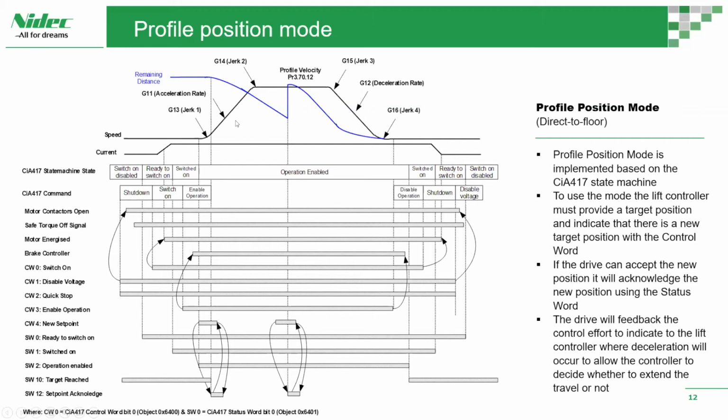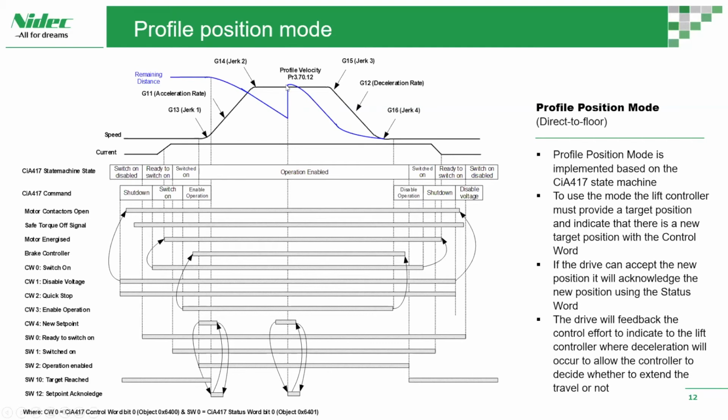To use this, the controller must provide a target position and indicate that there's a new target position with the control word. Travel is happening, and in this window, before the deceleration, the remaining distance is constantly updated and reported back to the controller. The controller gives an update so that it extends the distance with a new distance value.